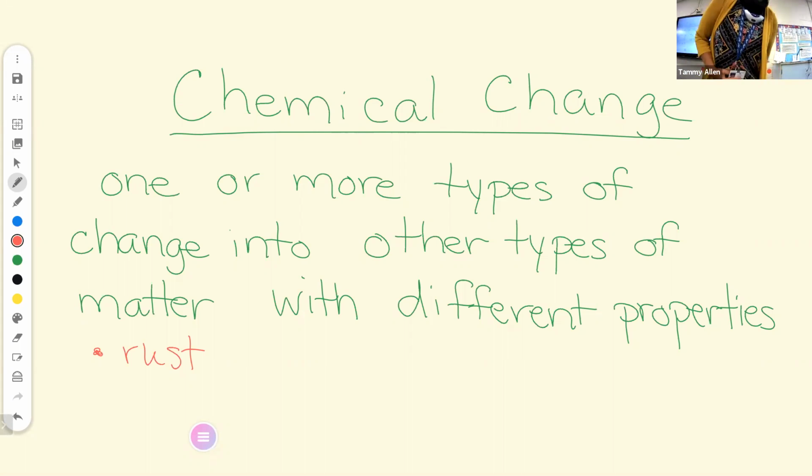We're going to talk about some more chemical changes here. Yes? Rust happens because of chemical reactions to the iron. So when you leave iron out in the water, the reaction of the water to the iron is what creates rust. Like I left a little red wagon out.